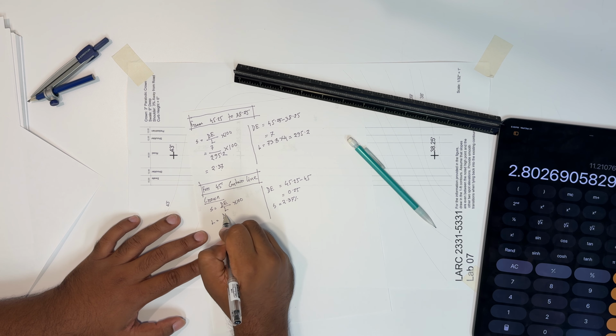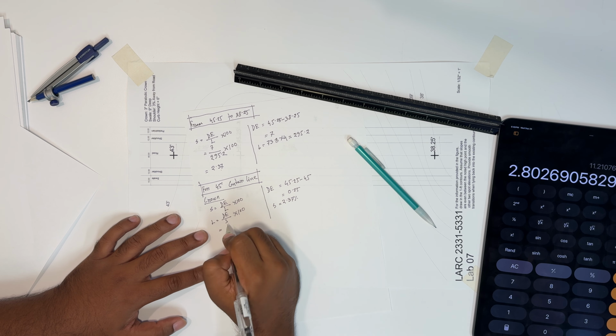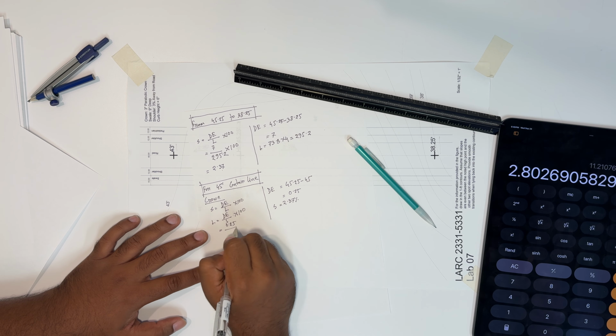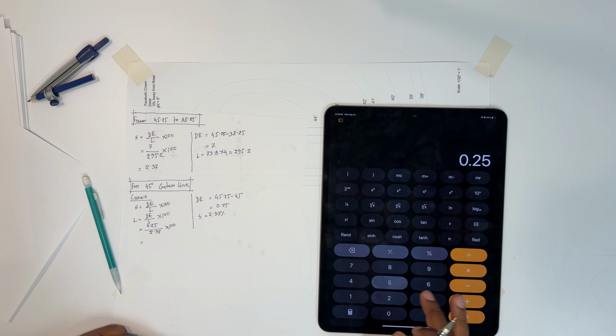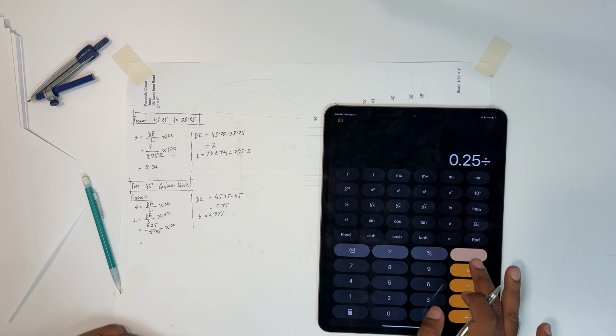L is DE divided by S into 100. And that becomes 10.54.